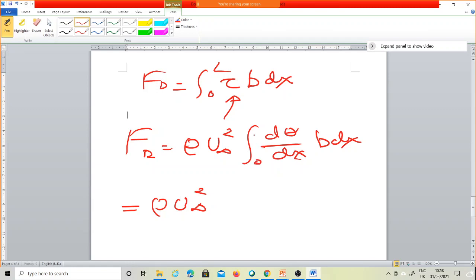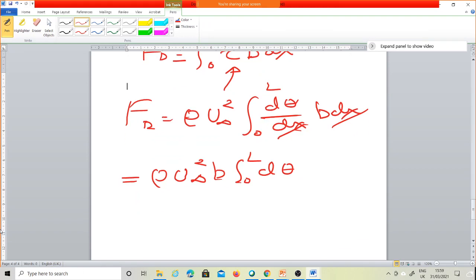Over the length, so it is 0 to L. So we have b, and 0 to L, d theta, because dx will cancel out. So you will have rho u infinity square b theta L. Theta L means if you have x in the theta equation, just substitute x with L. Whenever you have x, you just write L. That will be the expression.